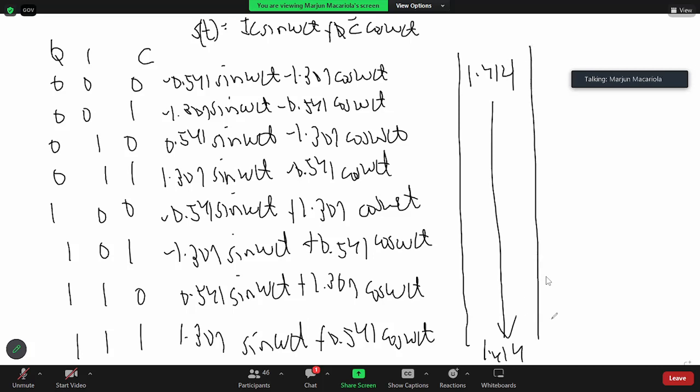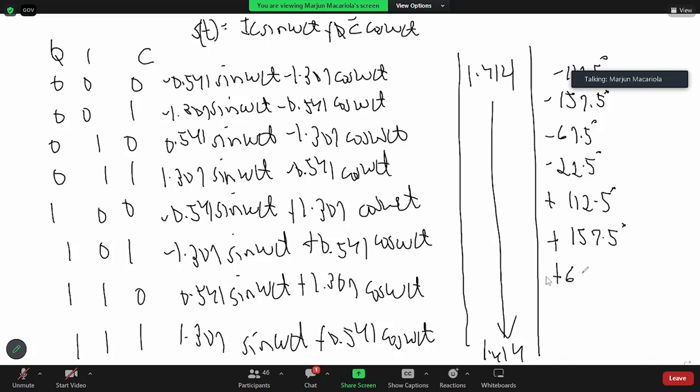Ang angle po niya: negative 112.5 degrees, negative 157.5 degrees, negative 67.5 degrees, negative 22.5 degrees, positive 112.5 degrees, positive 157.5 degrees, positive 67.5 degrees, then positive 22.5 degrees.